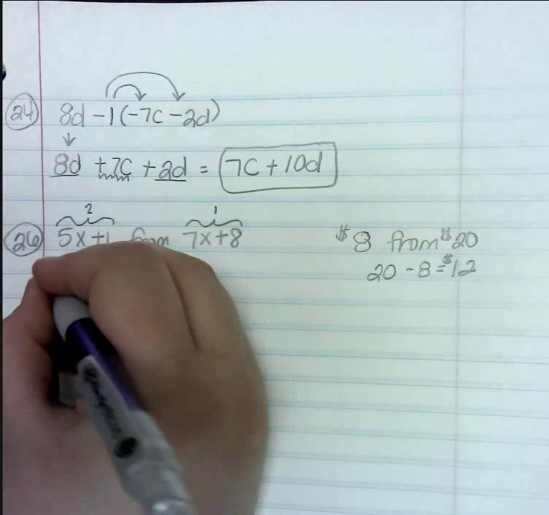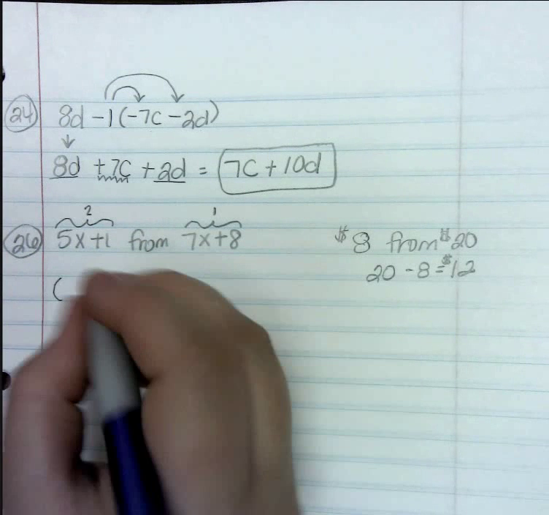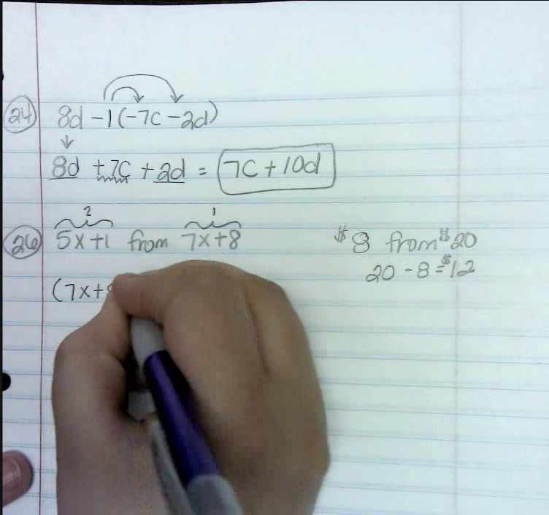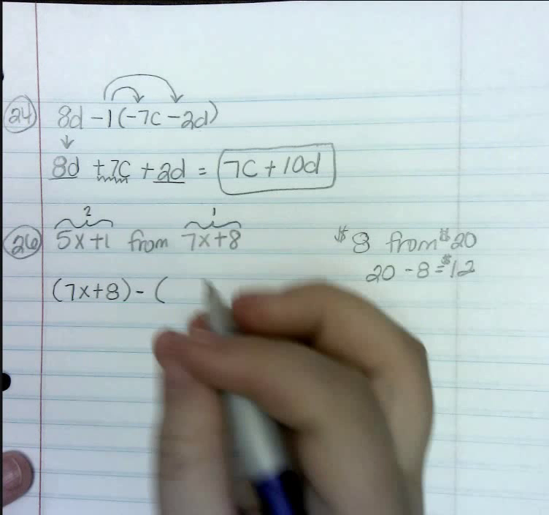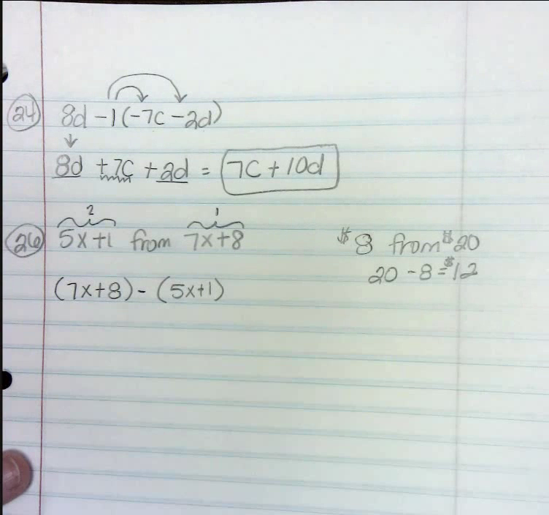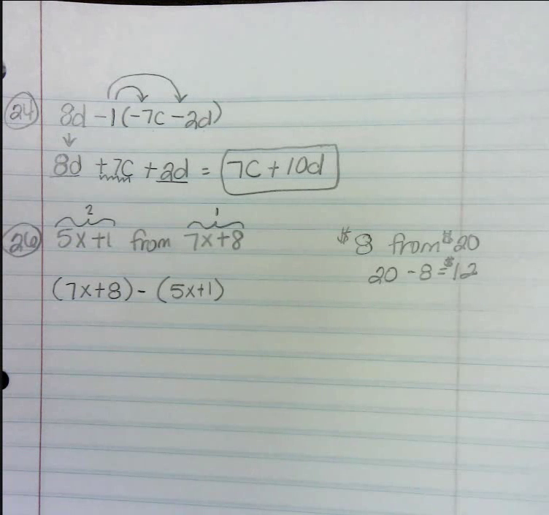So we will have 7x plus 8 minus, because we're subtracting, 5x plus 1. So your first thing should always be to write this in that parentheses form if it isn't already written there.